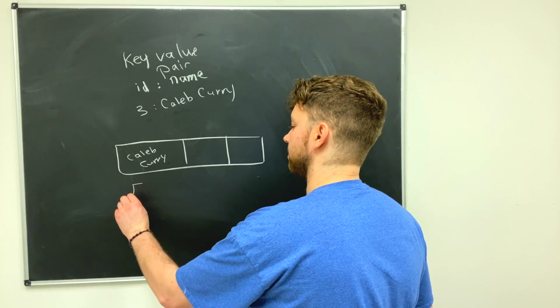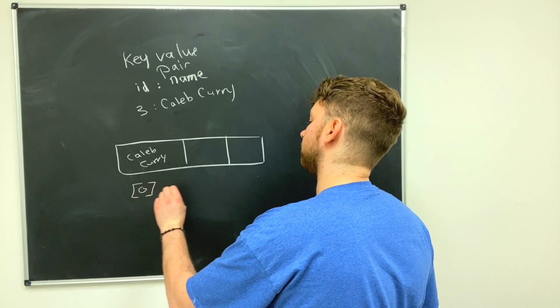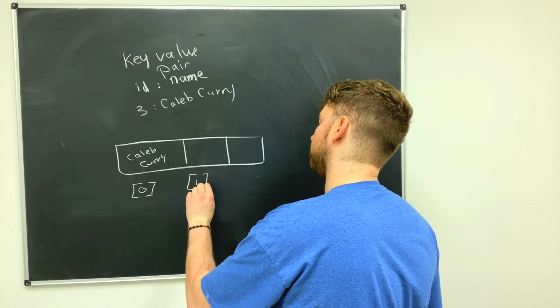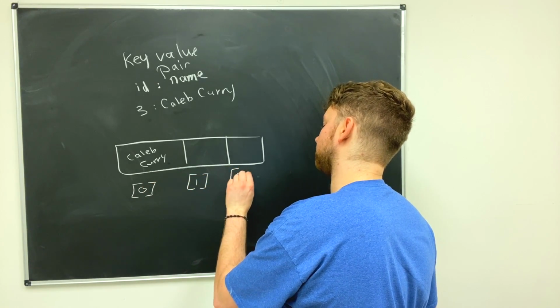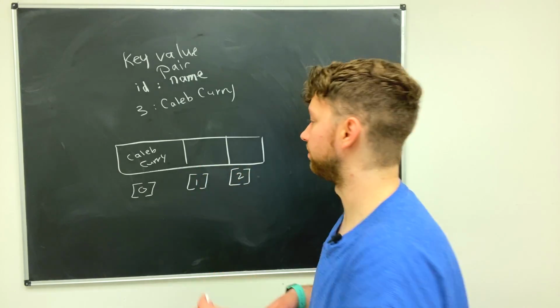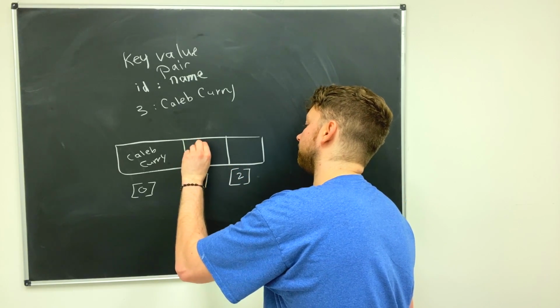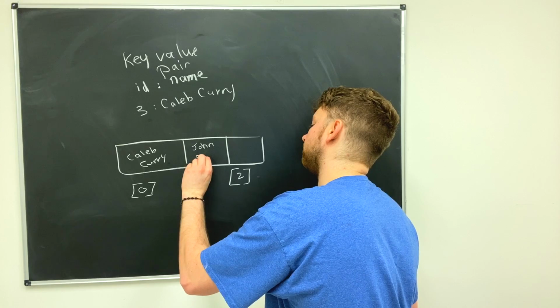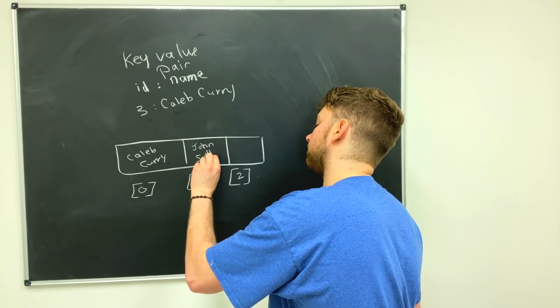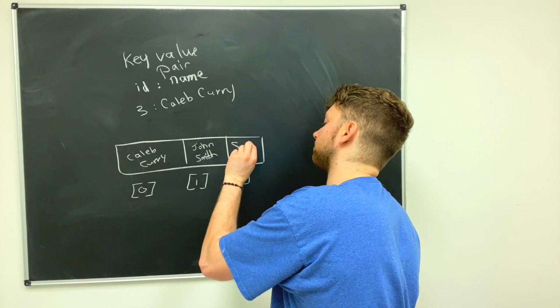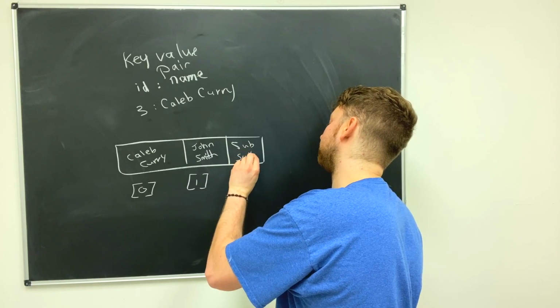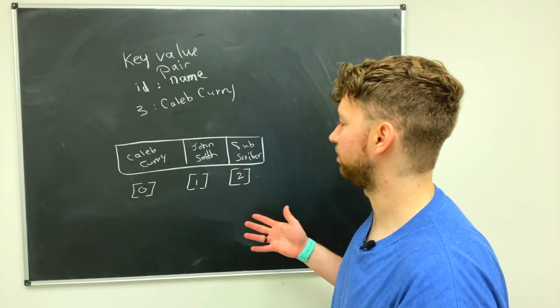You would say this is index 0, this is index 1, and this is index 2. So like let's say we had some other names in here. We might have John Smith and subscriber. That's you. There's also John Cena, but you can't see him.